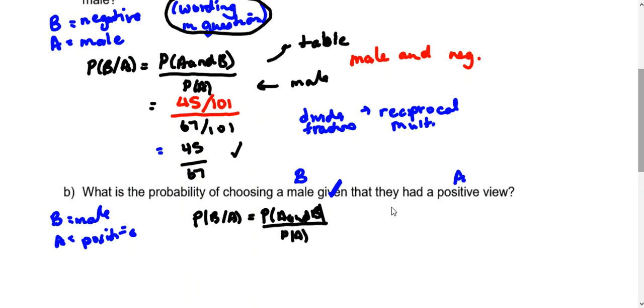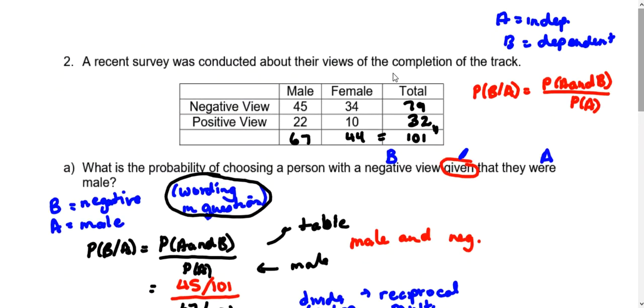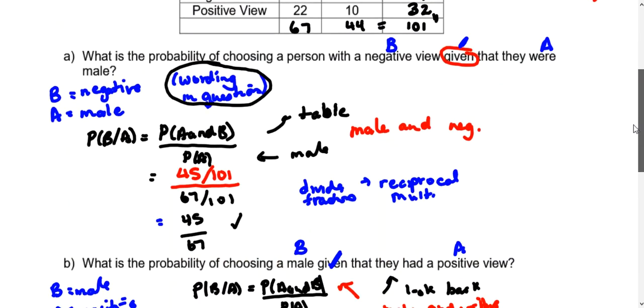Then I'm going to look back up at the table to find my numbers. The top has to be male and positive. So I'm going to go up to the table and say, male with a positive view was 22.